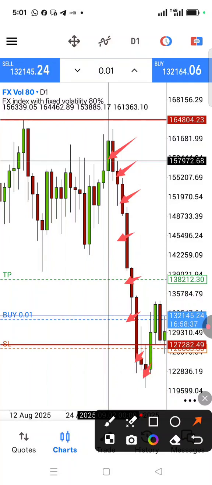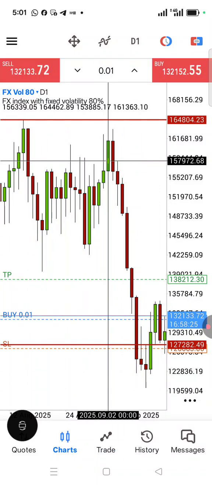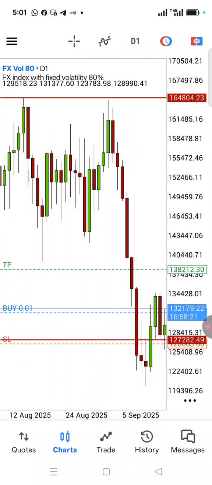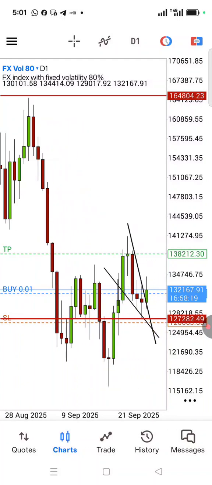So from the 3rd to the 11th day of the month, the market actually sold. The market sold to this level and did a pullback. This is where the price is right now.